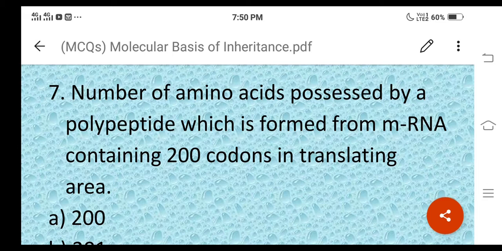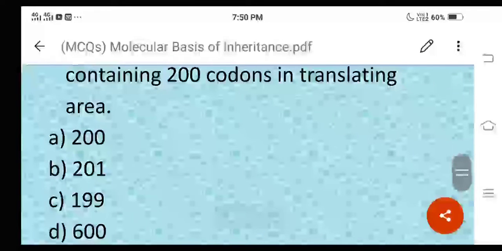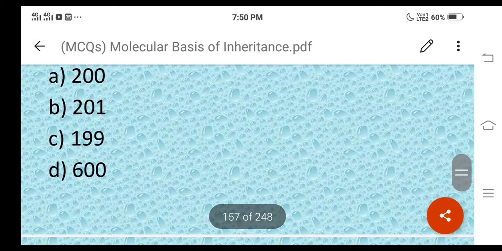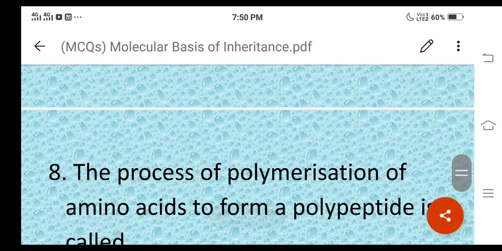The 200th codon will be the stop codon or terminator codon, which can stop the protein synthesis. So we are going to mention like this: 200 minus 1 is equal to 199. So the correct option is option C, 199. Then let us move on to the next question.